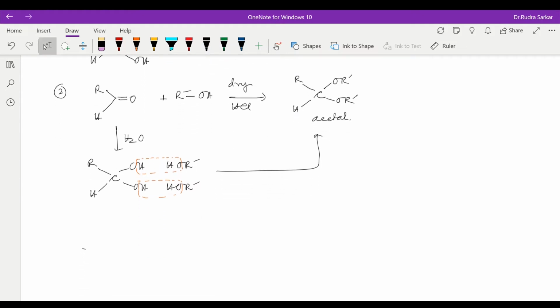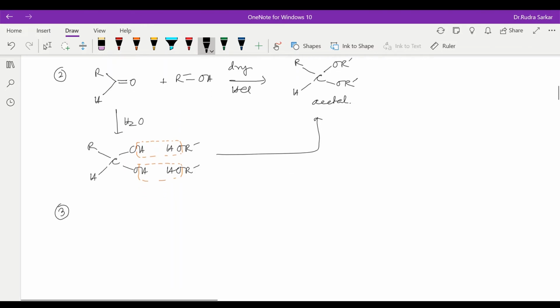Let's keep trying. Okay. Suppose now I give you a molecule like this, okay, and I have said you are reacting with ethane diol.